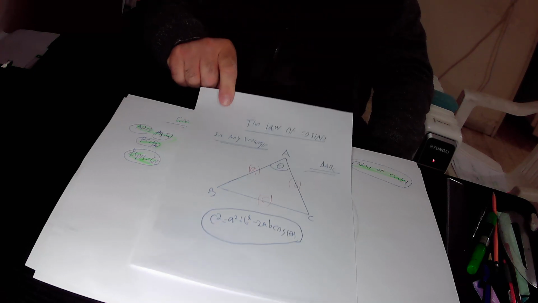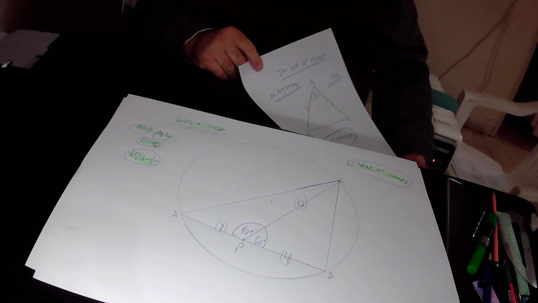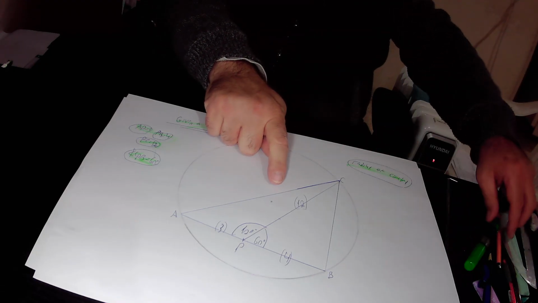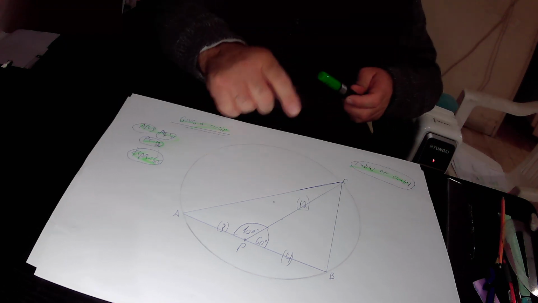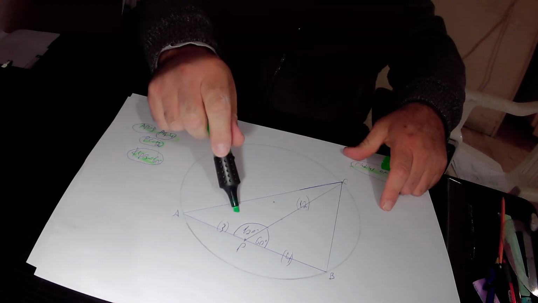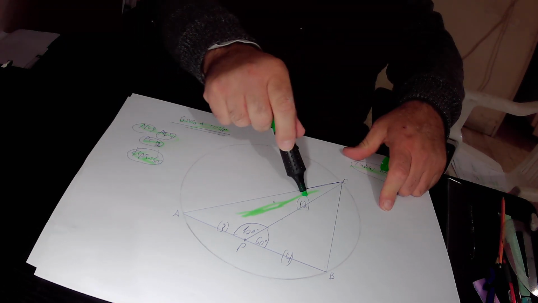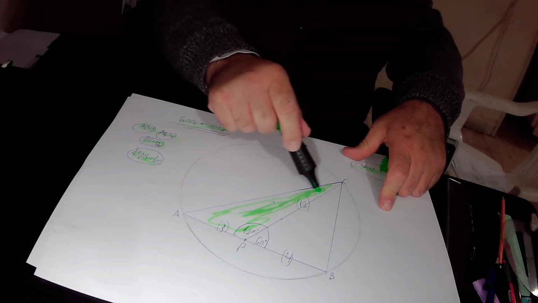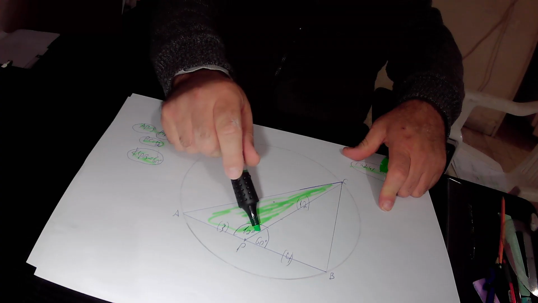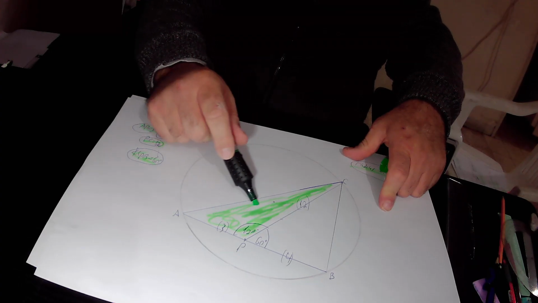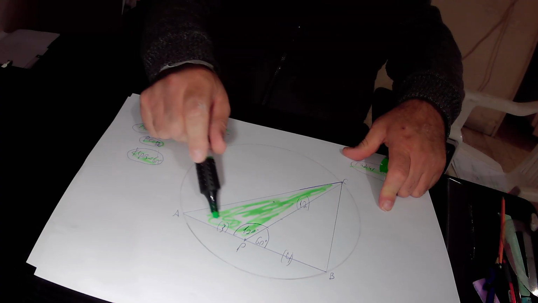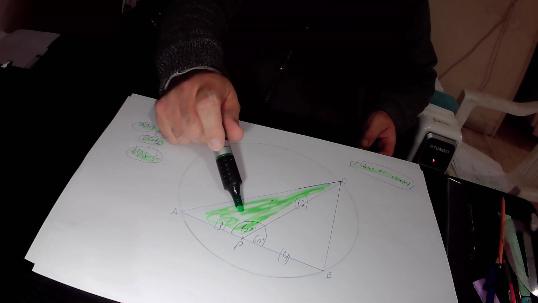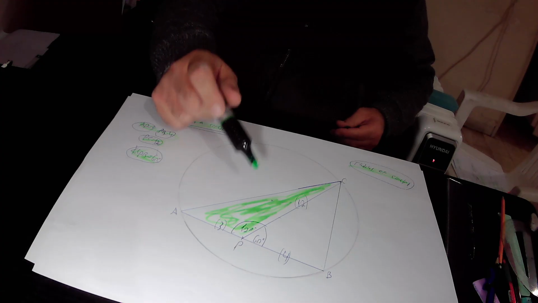So you can implement the law of cosines in this green triangle APC. Angle theta is this angle APC. This equals 120 degrees in size.